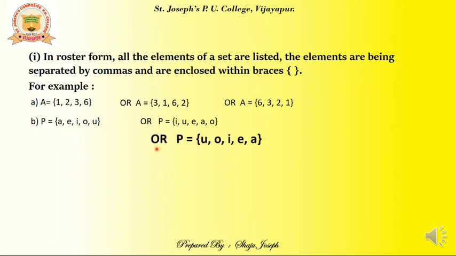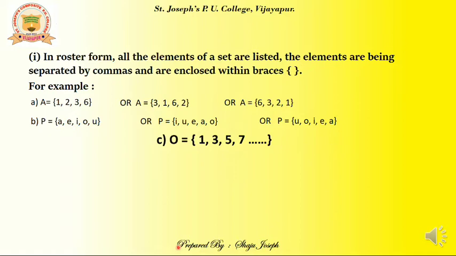Let us try to write it in another way, that is U, O, I, E, A. Again, I am talking about the same set P because the order is immaterial. It does not matter in which order you write the elements as long as the elements remain the same. The set remains the same.